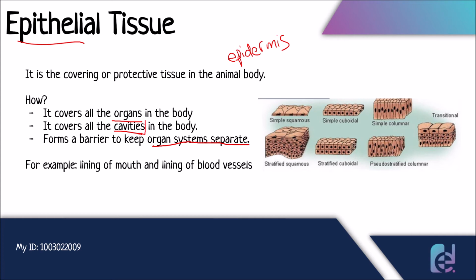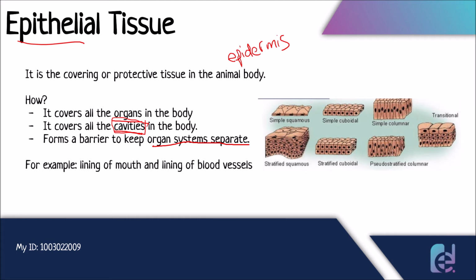Now, you might be wondering what a cavity is. We'll get in depth on what a cavity is in the next chapter, which is on biodiversity. But you can think of a cavity like an open space in the body. Like we have our stomach cavity, we have our abdomen cavity in which we have our small intestine, large intestine, liver, pancreas, etc. So a cavity is basically an empty space in which organs fit inside.